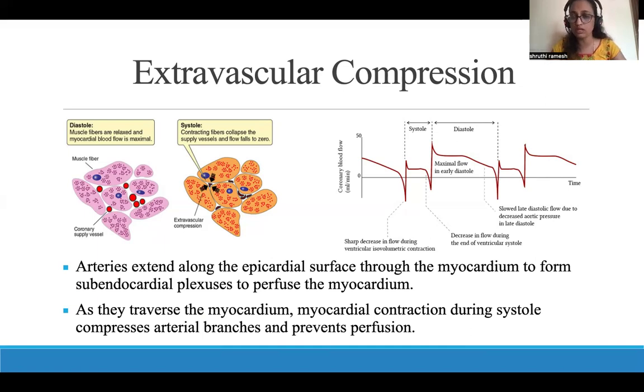The diagram on the right side shows a sharp decrease in the flow during the isovolumetric contraction of the ventricle during systole, whereas when the ventricles relax during diastole, the maximum flow is during early diastole.